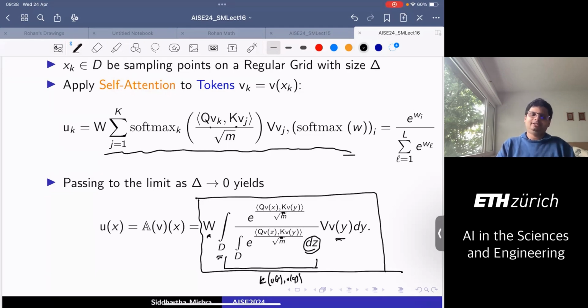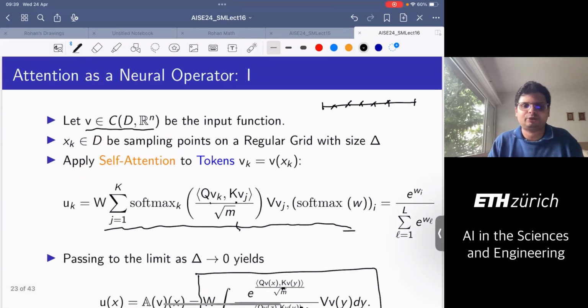So the weighting is based on actual values of the data, of course in some latent spaces because you're learning representations. This is one of the ways in which you can think of attention. Usually people don't have it in textbooks. They operate at this level, not at this level, right? But this is where we, from operator learning, can understand this. So transformer is very much a neural operator.